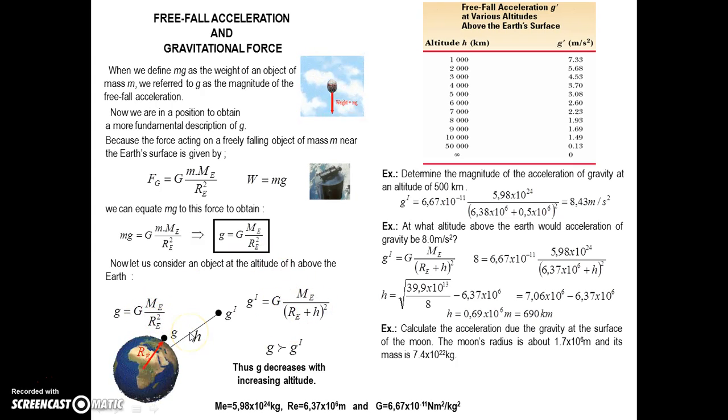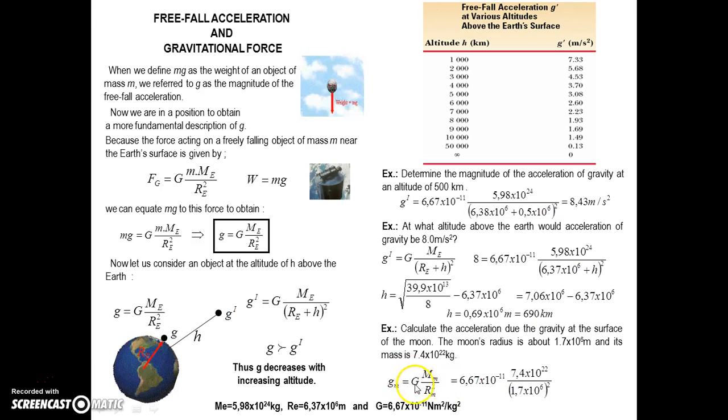If our planet is the Moon or Jupiter or another planet, we will use the mass of that planet. For example, if our planet is the Moon, the formula will be g of the Moon is equal to G times the mass of the Moon over the radius of the Moon squared, not the radius of Earth.